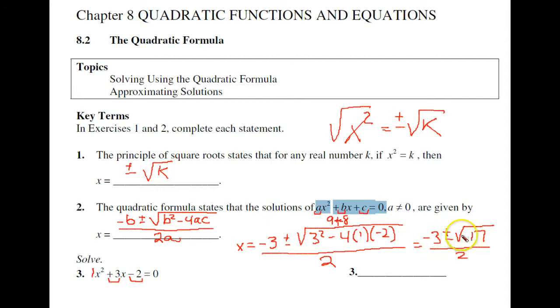Minus 3 plus the square root of 17 divided by 2, or minus 3 minus the square root of 17 divided by 2. How did we get this? We got this through the quadratic formula. Now I'm not going to do them all, because it would make the tape very long here. But we're going to go over technique.